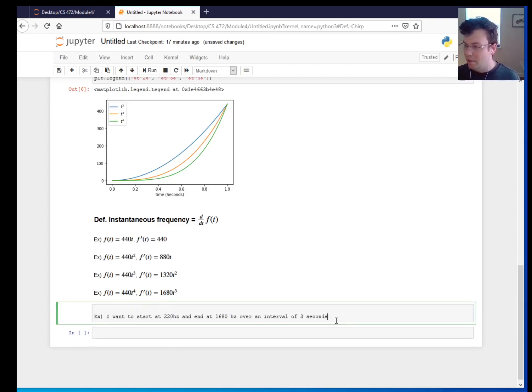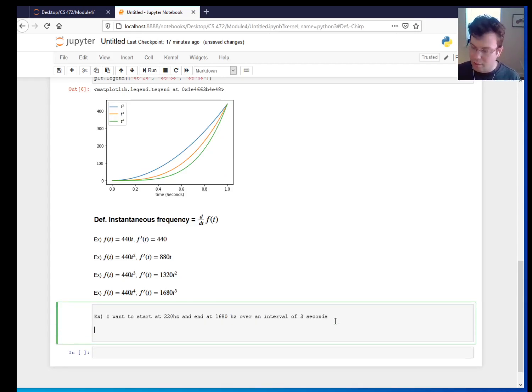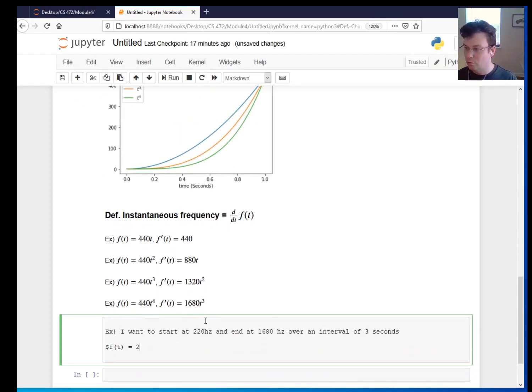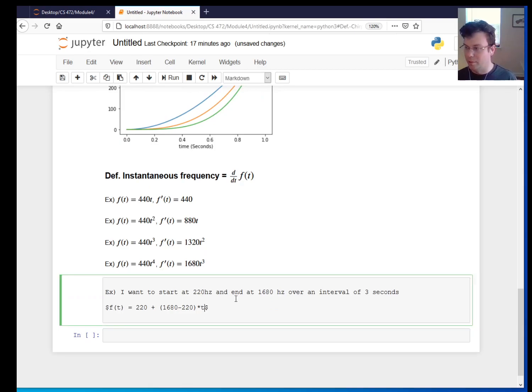So what I'm saying is, all right, so let's just write down what the f of t would be. So I'm saying f of t should be 220 plus (1680 minus 220) times t over 3. Okay.